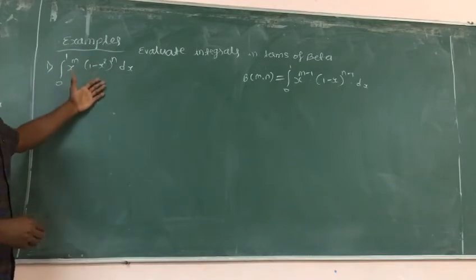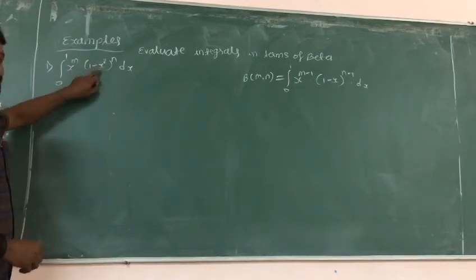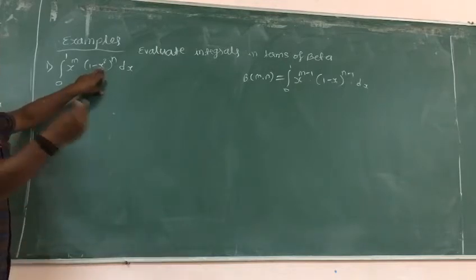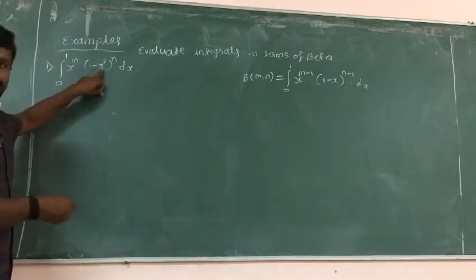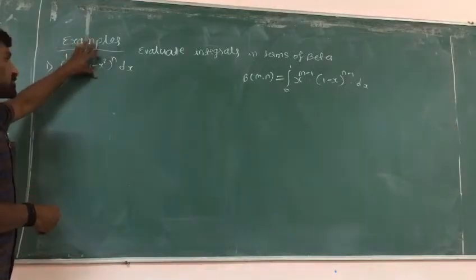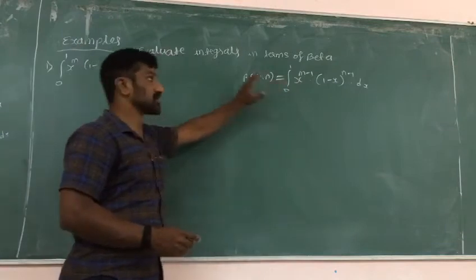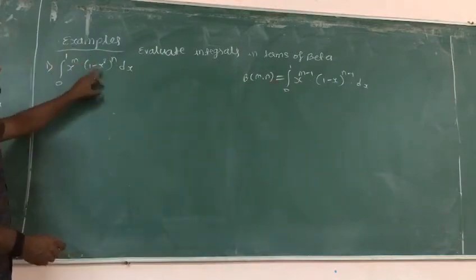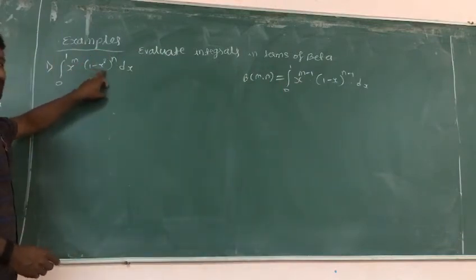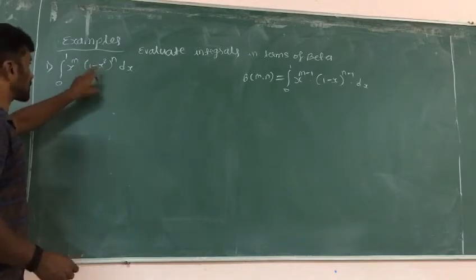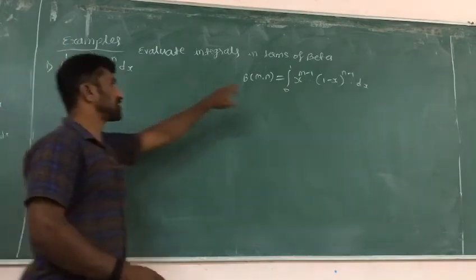To convert into a beta function, if there is x square, x cube, x raised to 5, you should substitute another variable. You should observe 1 minus x square, 1 minus x cube like this, and reduce it in the form of 1 minus x.